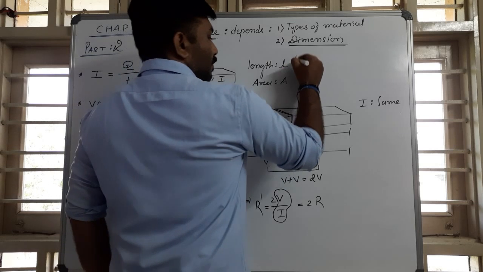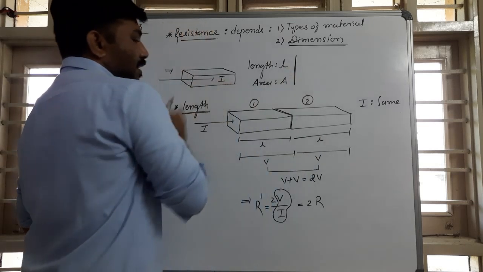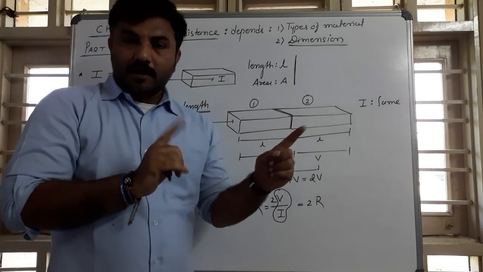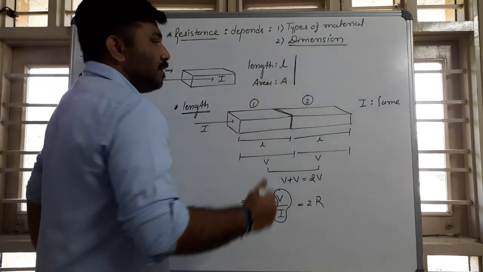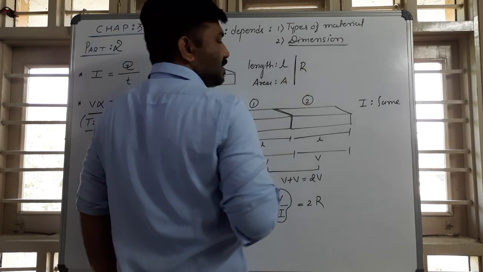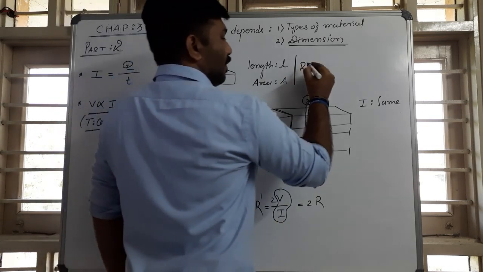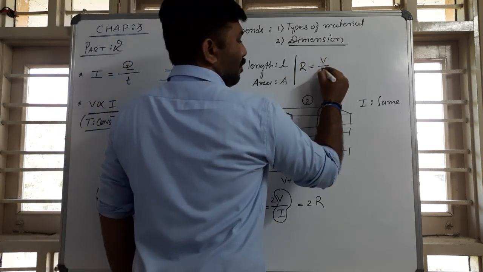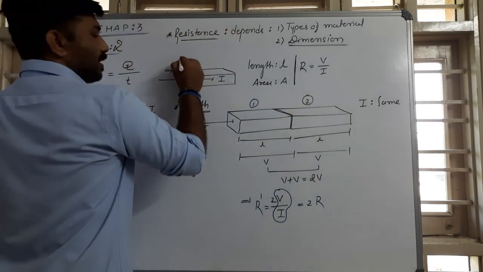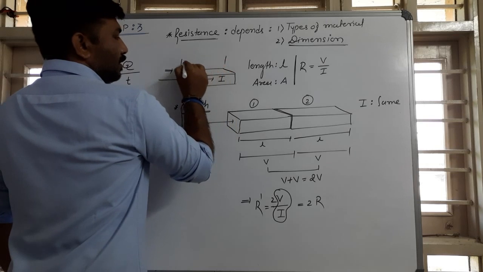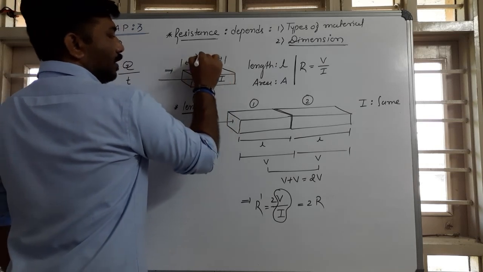Once again, it is our standard condition. A conductor having length L, area A. Then the resistance of this conductor is given by V by I. What is V? The electric potential across the ends of the conductor.